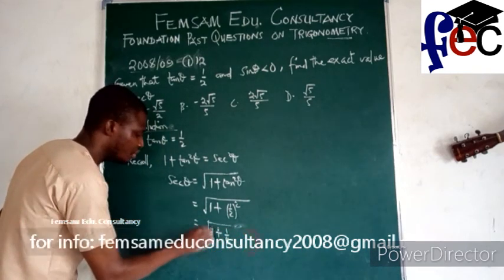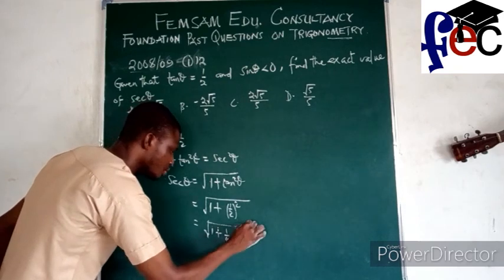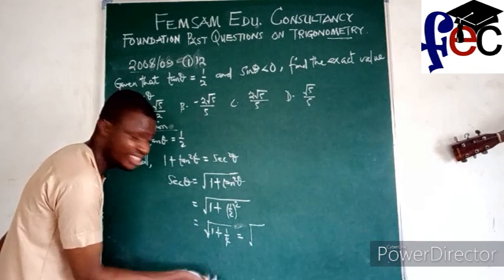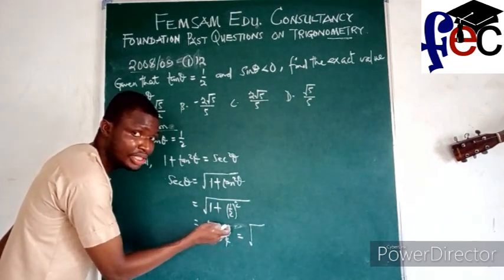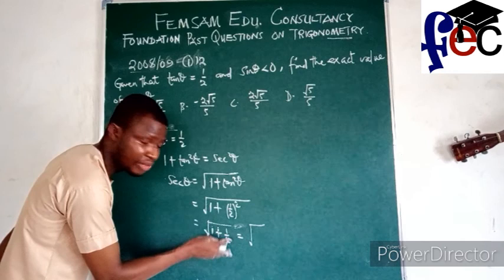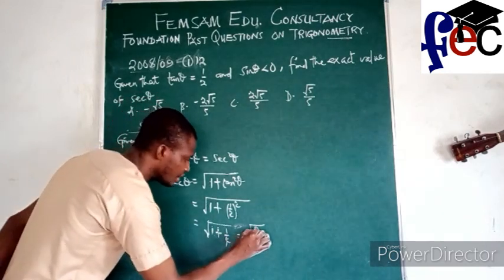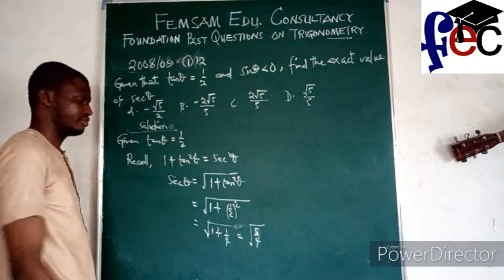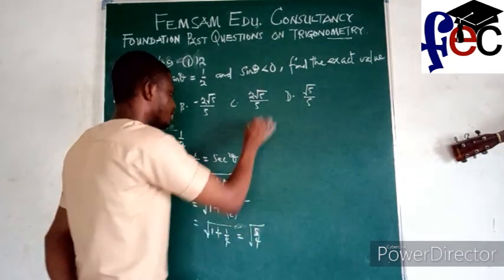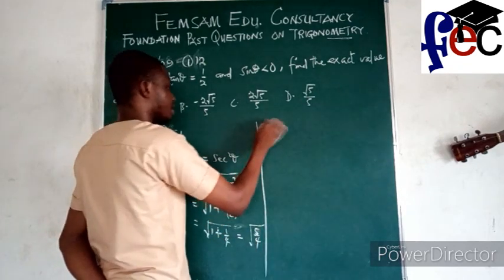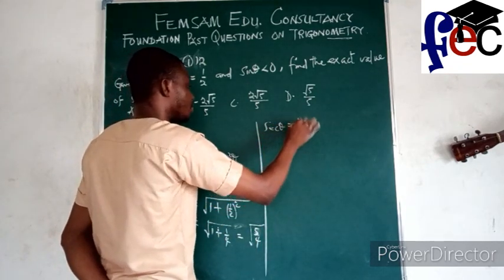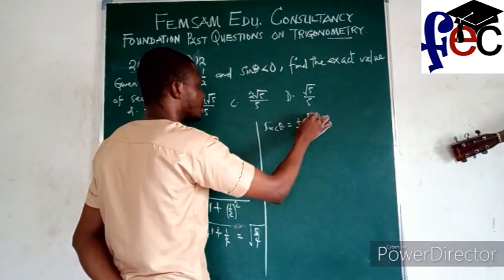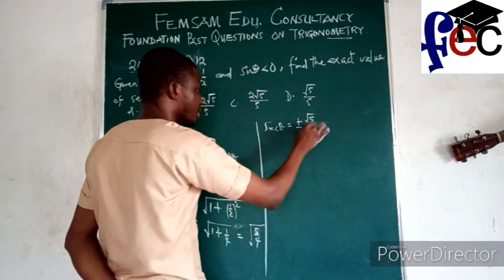And this will give me square root of, as I just told us, addition of a proper fraction to 1. It's just the summation of the numerator and the denominator of a proper fraction, divided by the denominator. So that's going to give me 5 over 4. Now, sec theta is equal to plus or minus, because I cannot find the square root of 5 to be a rational number, root 5 over 2.